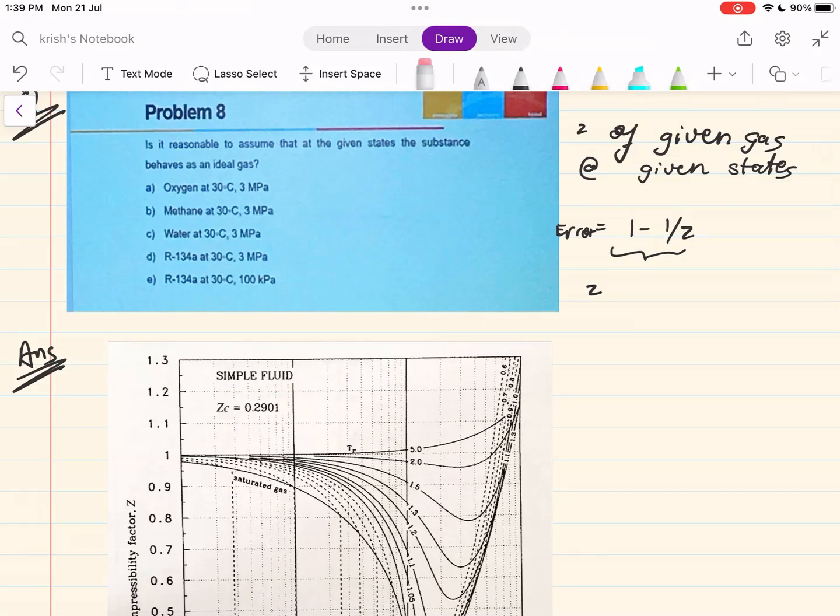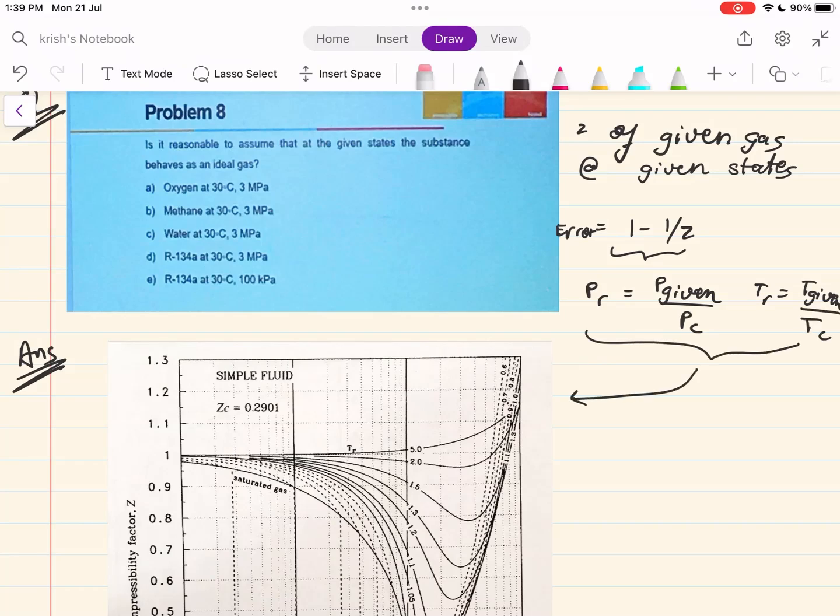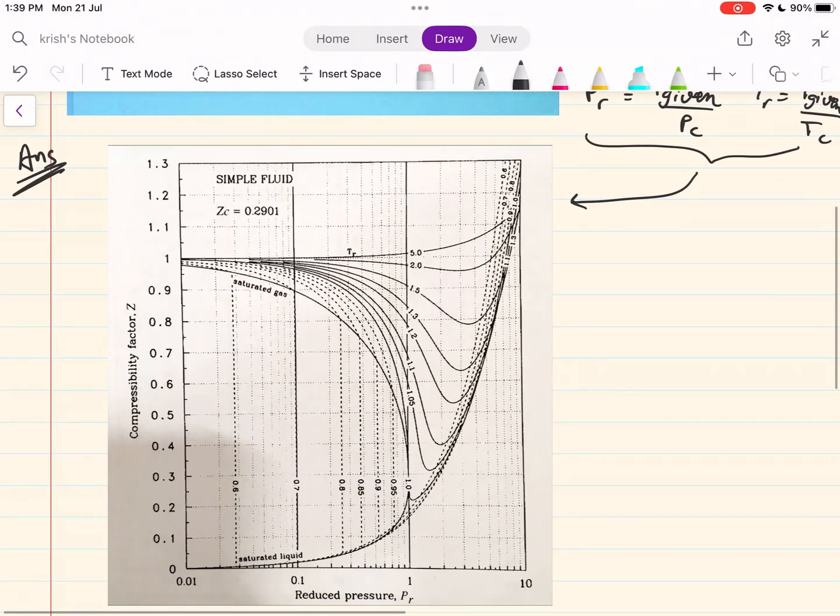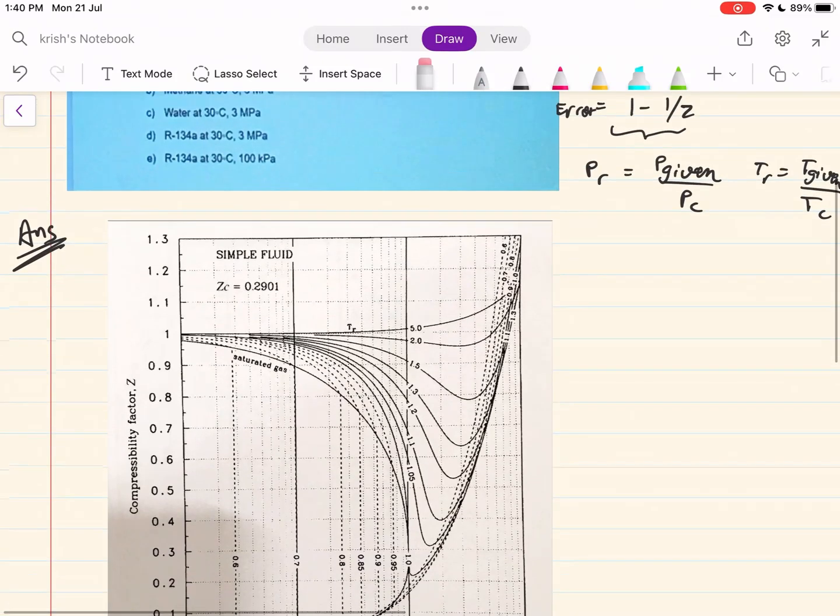Also recall the formulas PR equals P given by PC, and TR equals T given by TC, because we need these to use this graph that was given in your thermo tables, right? With all that out of the way, let us begin with part A.